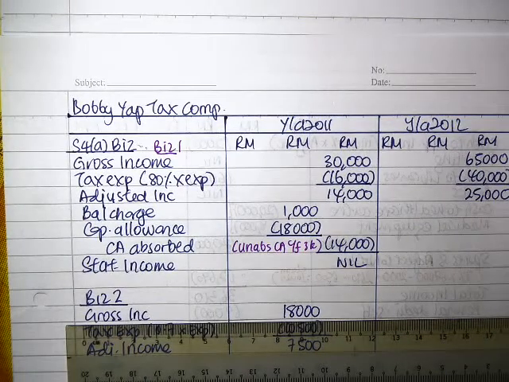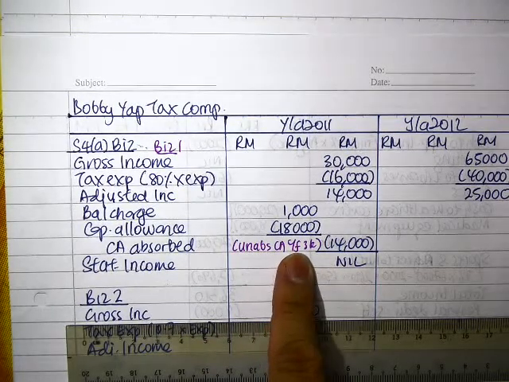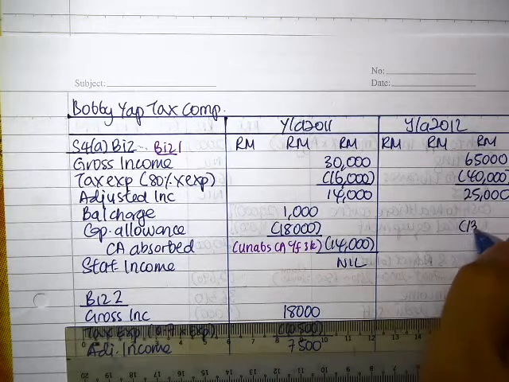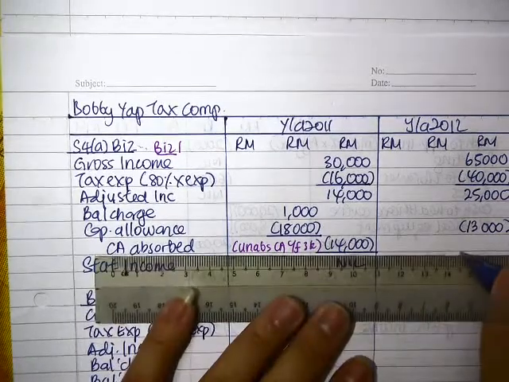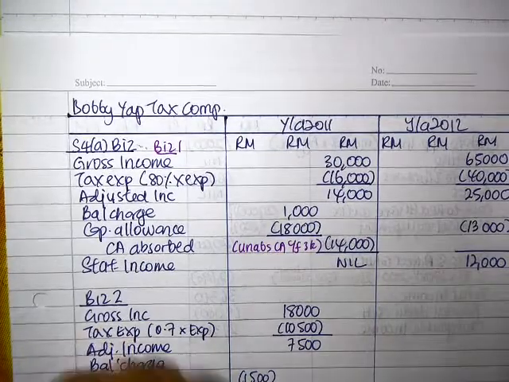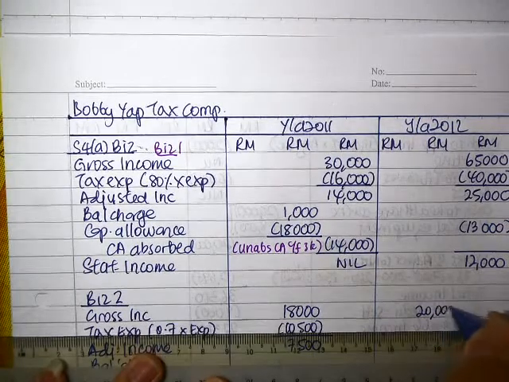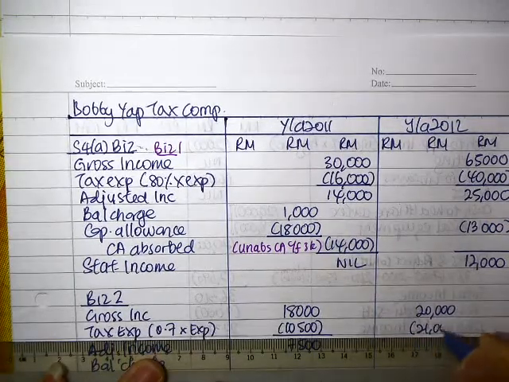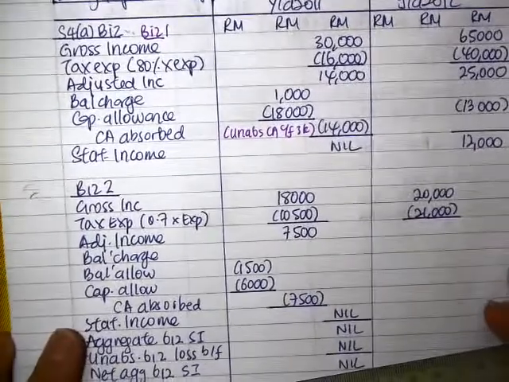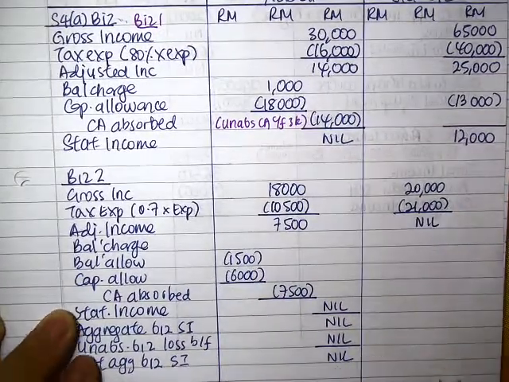Now there's this capital allowance carried forward from last year, 3,000, included with your current year. So this 3 plus 10 is 13, and the whole thing is absorbed. So statutory is 12. For business 2, gross is 20, deductions is 21. That will bring us to an adjusted loss, but you don't show loss in your answer. Instead, you must show adjusted income as nil.